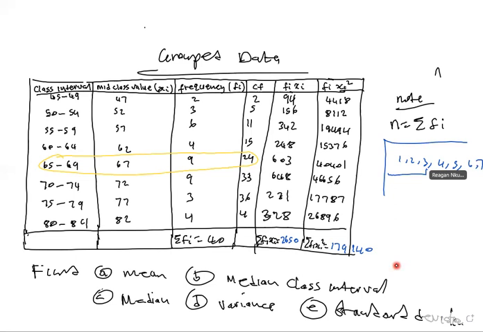So you have this, you have that. So you observe that your median is simply the number in between.